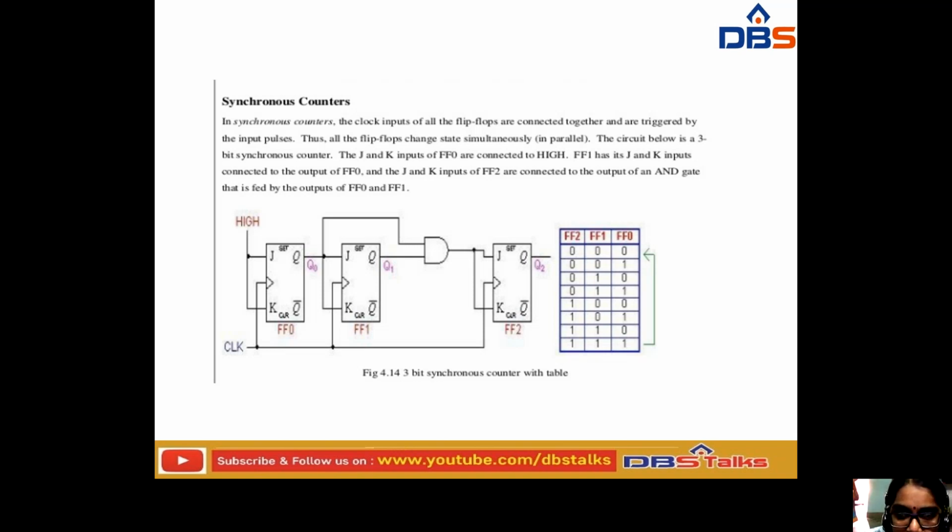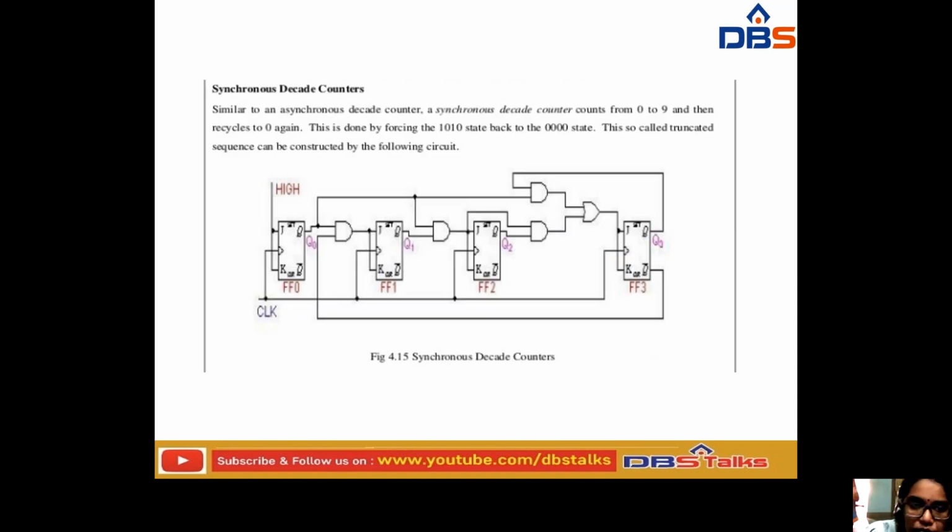The next one. If you observe this synchronous decade counter, it is similar to an asynchronous decade counter. It counts from 0 to 9, and again it will be recycled to 0.